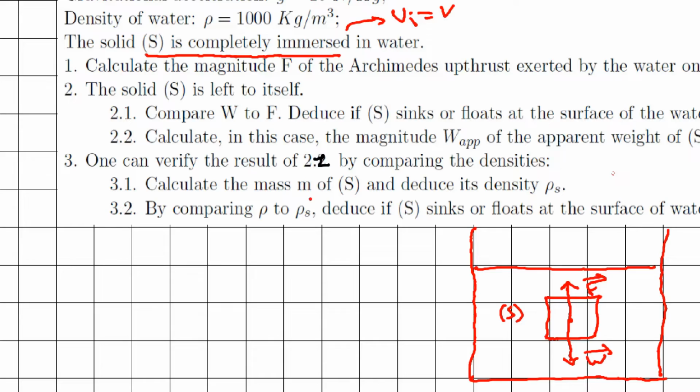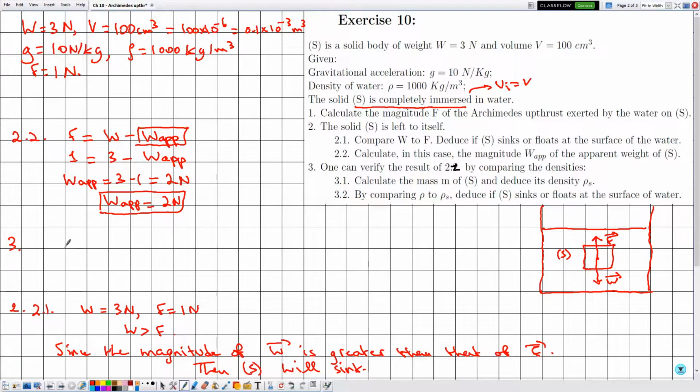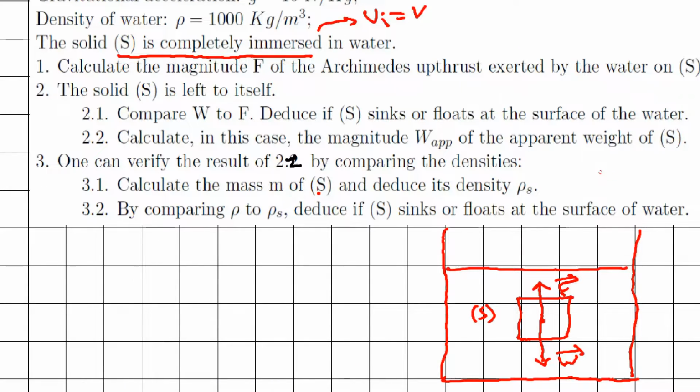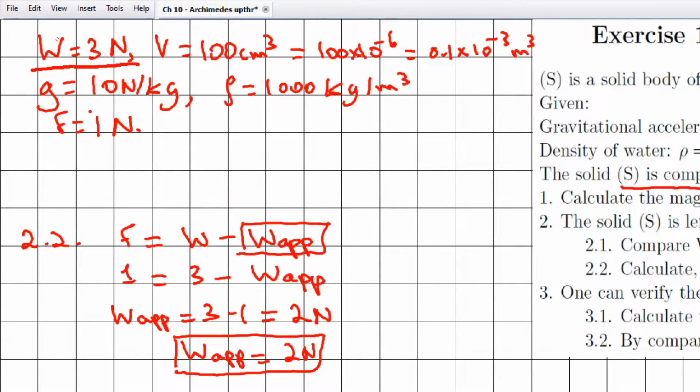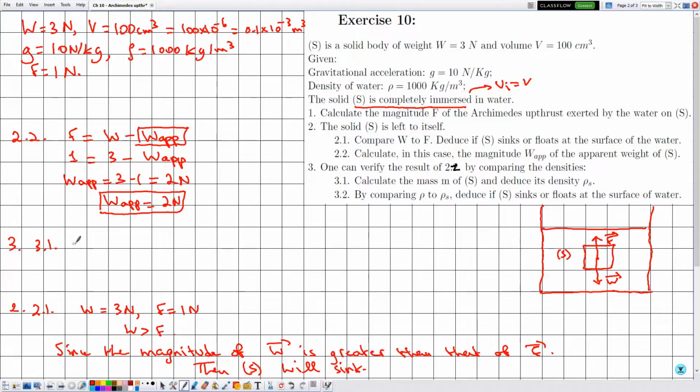So first let's calculate the mass. We cannot use the density and the volume to calculate the mass because we don't know the density. So we'll use the mass to calculate the density. So we need to find another method to calculate the mass, knowing that we know the real weight and we know the value of G. So they are related via the following formula, knowing that we are interested in determining the value of m.